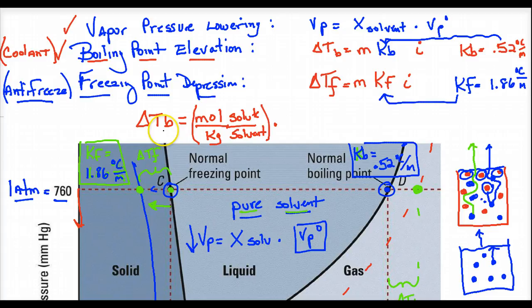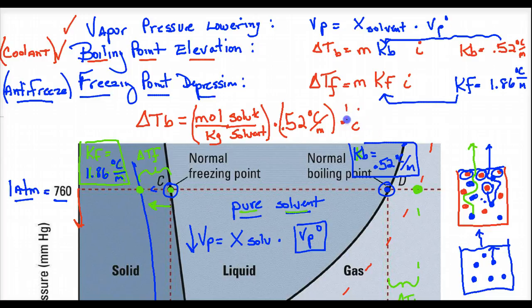Now for water, boiling elevation, it's 0.52, okay, degrees Celsius. So this is 0.52 degrees Celsius per molal. And you can see if you multiply this by the molality, you get a degree Celsius. And then it's times something called an i factor, called the van 't Hoff factor.